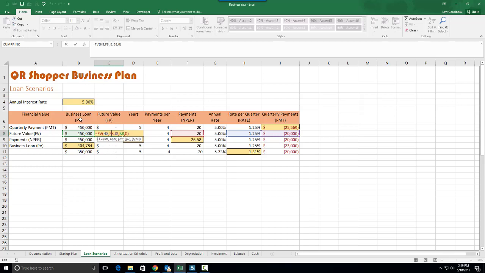And so it's just a matter of, as a student, knowing what each of these things mean, making sure that I get the right rate. It's probably the quarterly or monthly rate, the right number of periods, the payment is a negative number, the present value is a positive number, and then using any one of these functions to calculate the part that you're missing. And that's it. They're not hard to use.